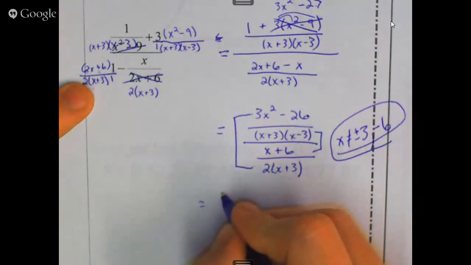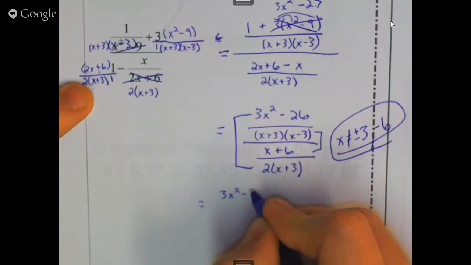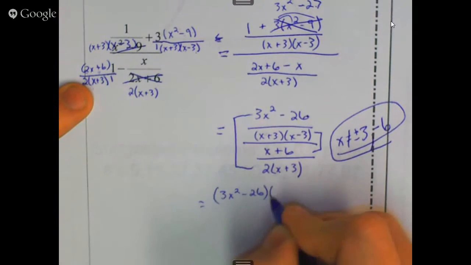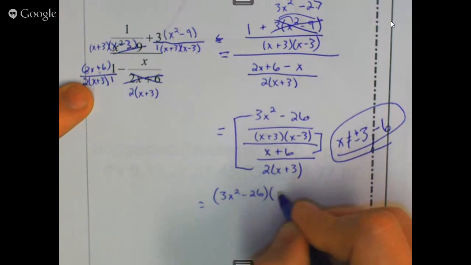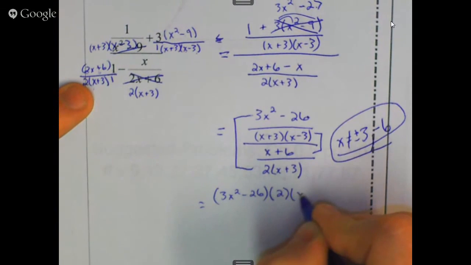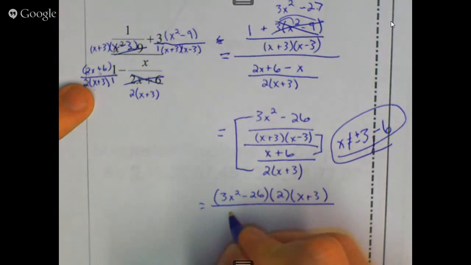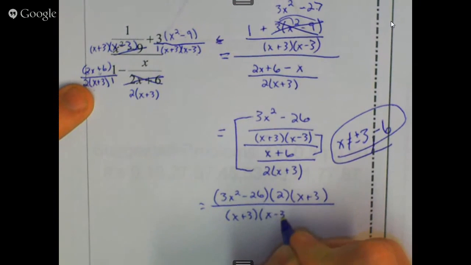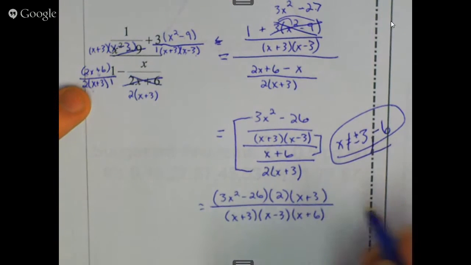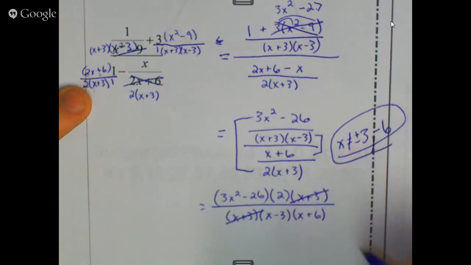So take the outside, 3x squared minus 26 times the other outside, 2x plus 3 over x plus 3, x minus 3, x plus 6. So we got cancel, cancel.